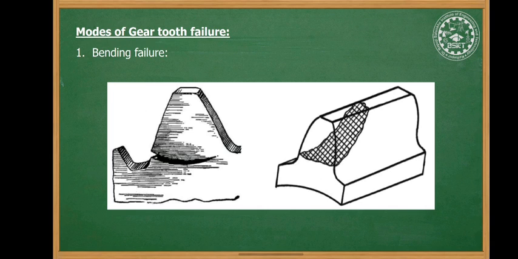Due to that repetitive bending stress, the tooth may crack, due to which failure of the gear may occur. Such failure can be avoided by adjusting the module and face width of the gear so that the beam strength is greater than the dynamic load.